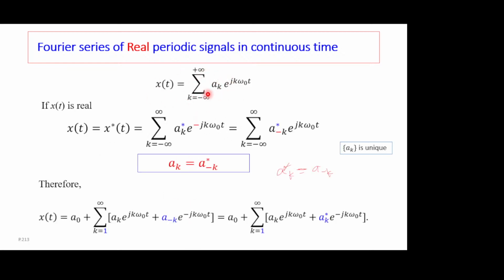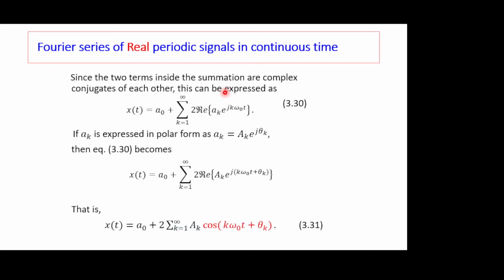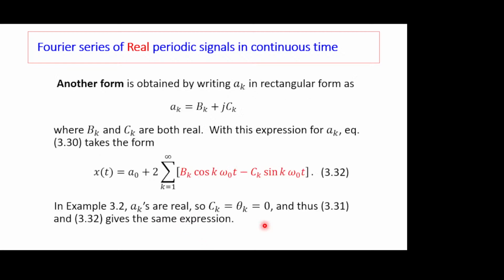So here for every k we have a complex a_k, and here for every k we have two real coefficients, either a_k and theta_k or b_k and c_k, because instead of summing k from negative infinity to positive infinity, we have k all positive here. Okay, so the variable counting works out.